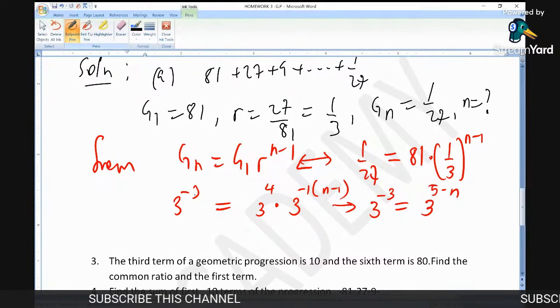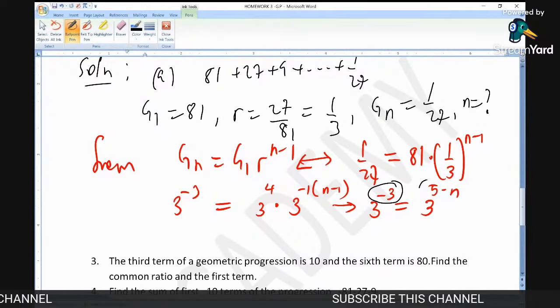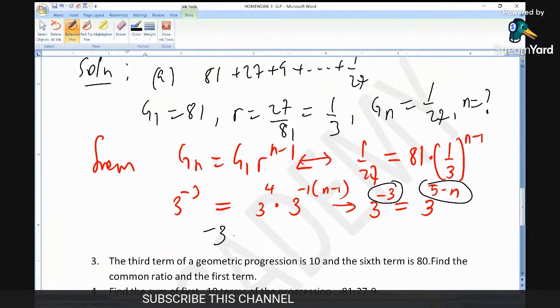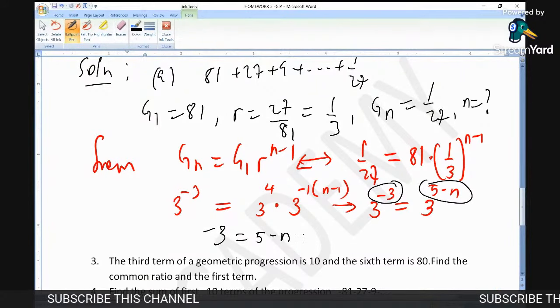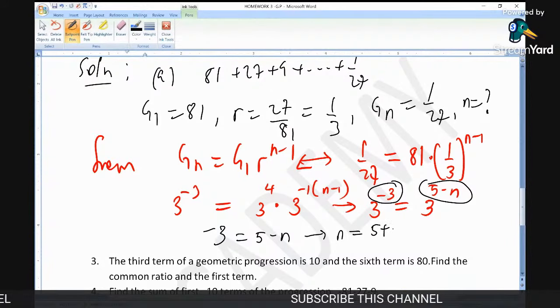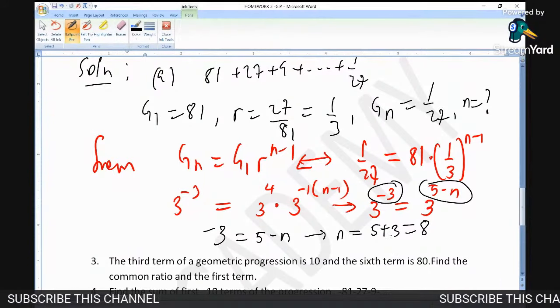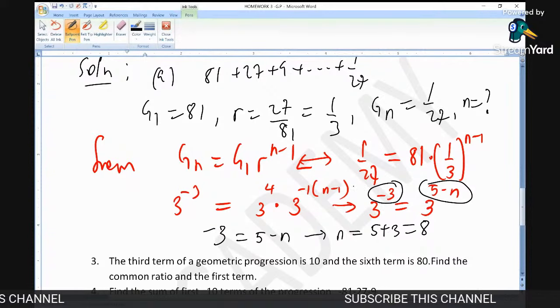And the next step, we are going to compare the exponents. So I'm going to compare negative 3 and 5 minus n. Negative 3 equals 5 minus n, meaning that n equals 5 plus 3, which is equal to 8. So the number of terms for part A equals 8.